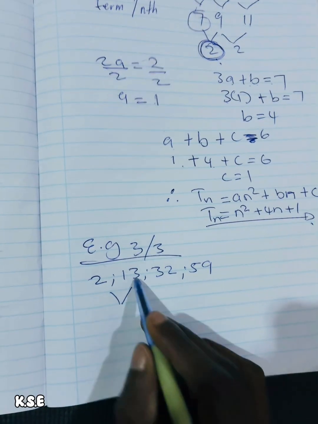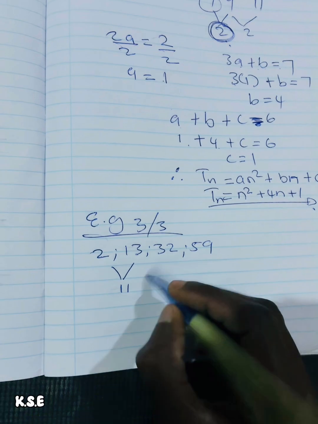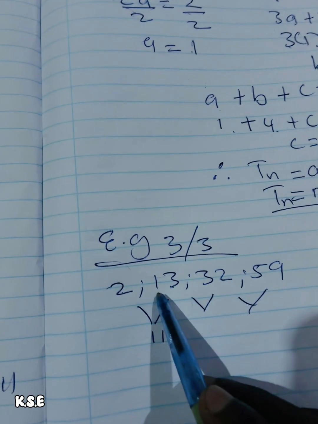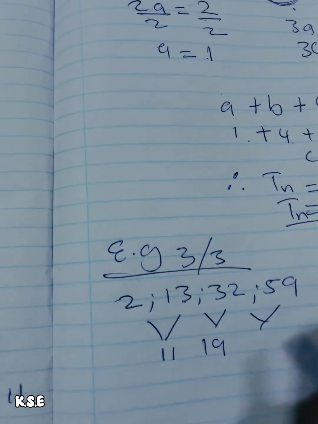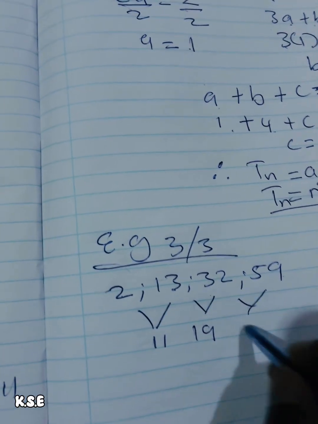So this minus this is going to give us 11. 32 minus 13 is equal to 19. 59 minus 32 is going to give us 27.